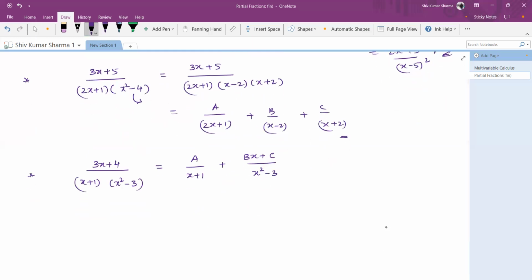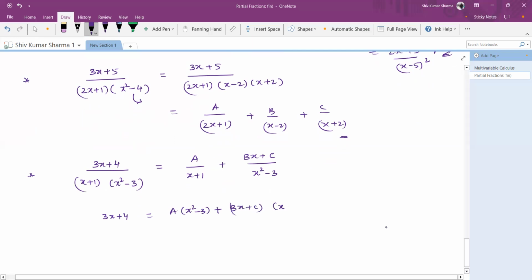So write down directly 3x plus 4 equal to, what is the coefficient of a? The coefficient of a will be x square minus 3, and the coefficient of bx plus c will be x plus 1. So we simplify this. So we write down ax square minus 3a plus bx square plus cx plus bx plus c.